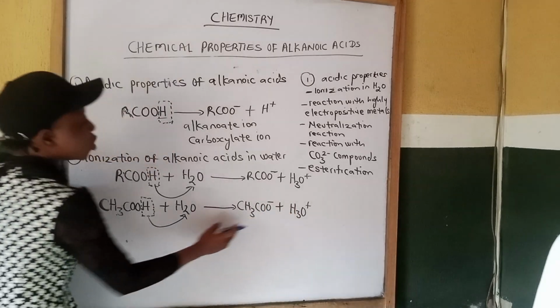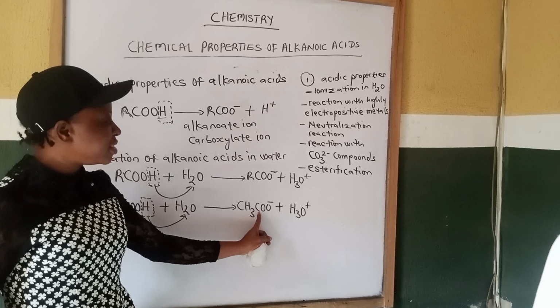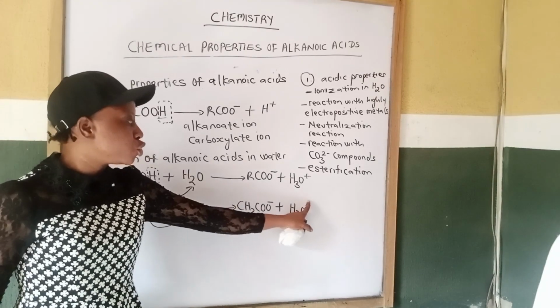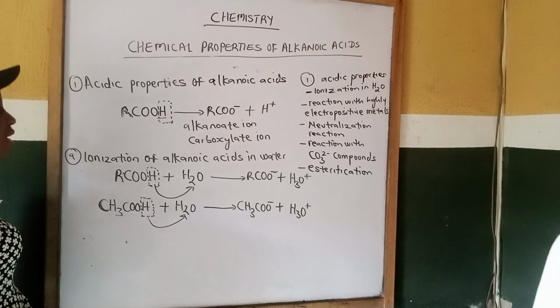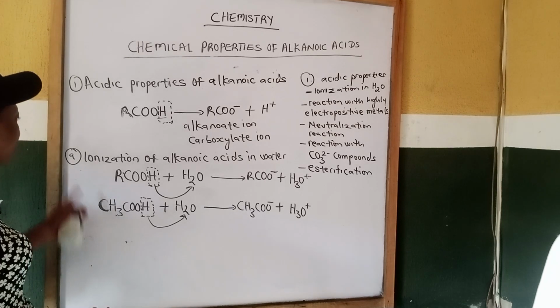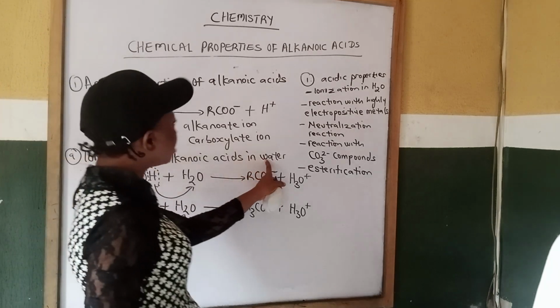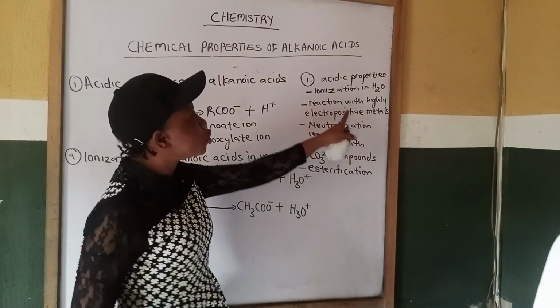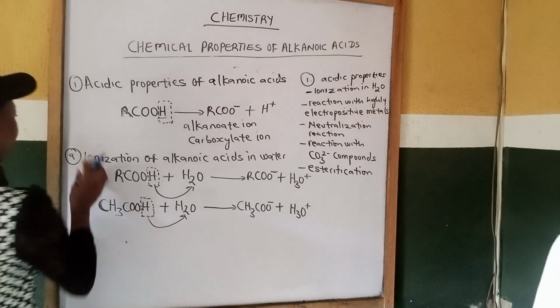So our product will be an ethanoate ion and hydronium ion. That is the product formed. So that's all about ionization of alkanoic acid.